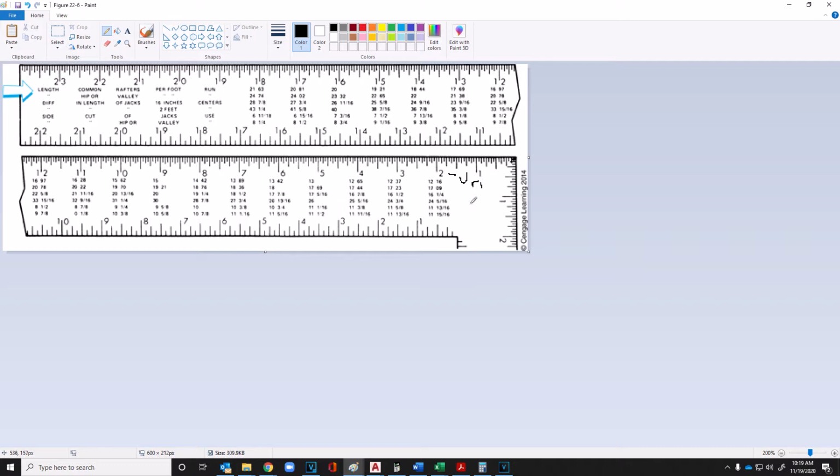In our case, we're talking about 8. So if we look right up under it, the length of common rafters per foot of run is 14.42.